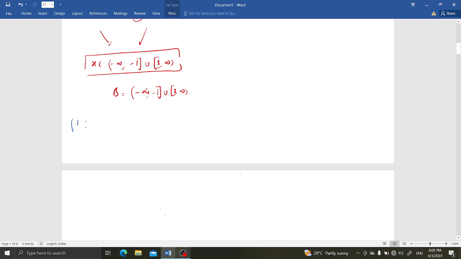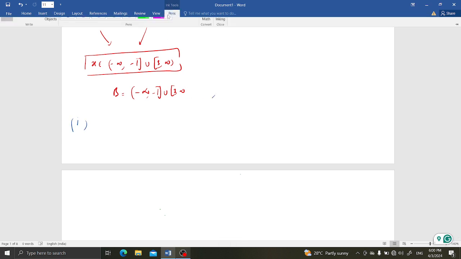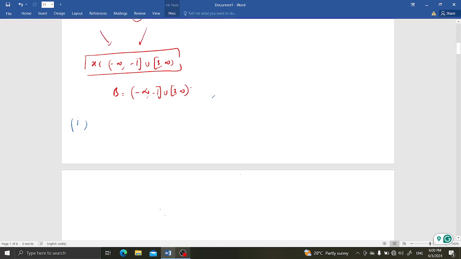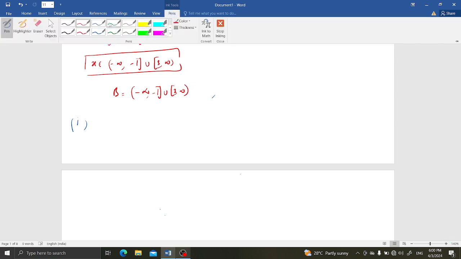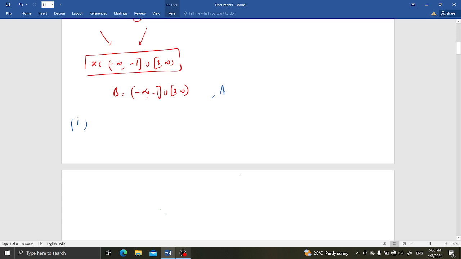Now, what is the first option? I'll write it here. This is our B set, and our A set is open minus 3 to 1. The first option is A minus B, and we are looking for the wrong option. This thing you need to keep in mind: which one is not true.